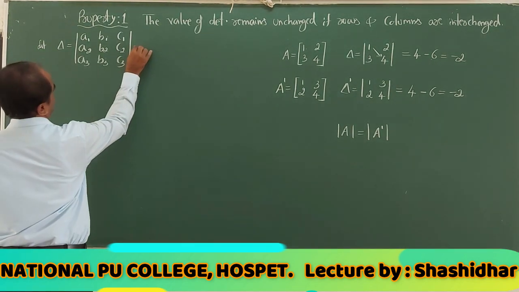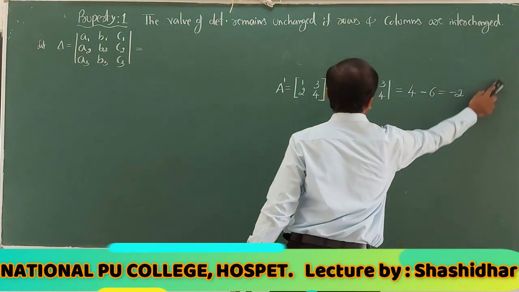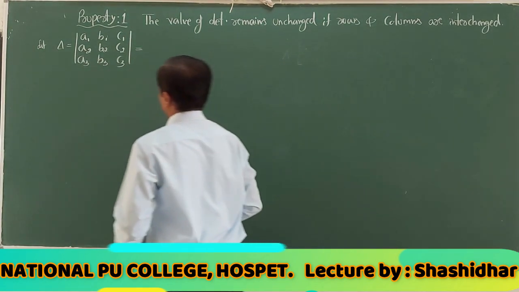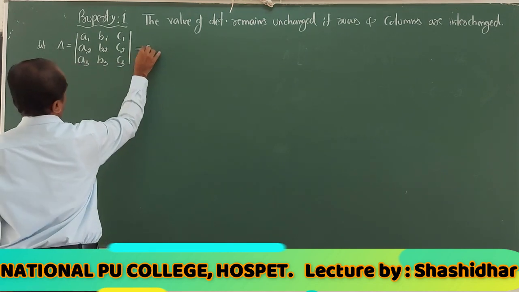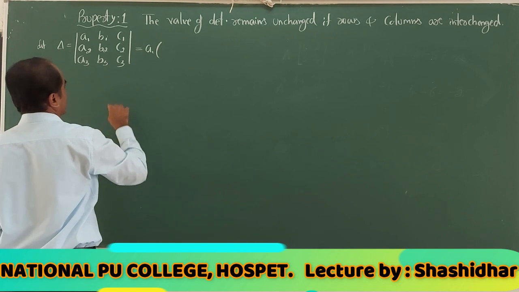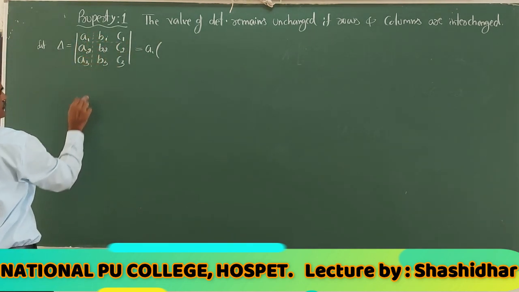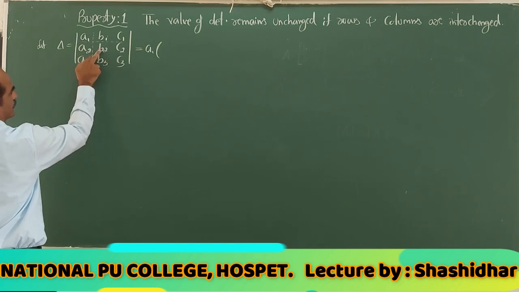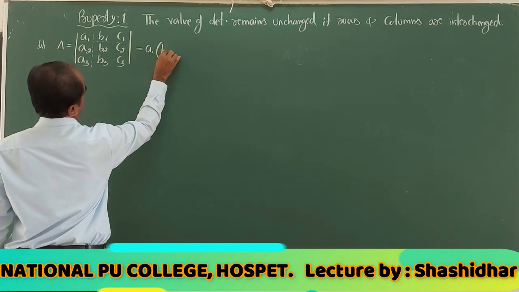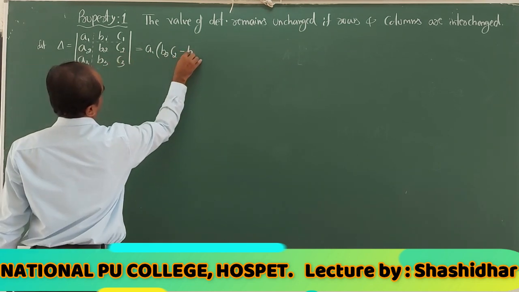Now let me expand. What is the value of this determinant? That is A1 into, I am writing directly, leave first row, first column, you are going to get B2 C3 minus B3 C2.